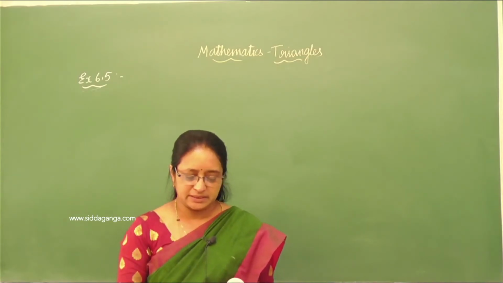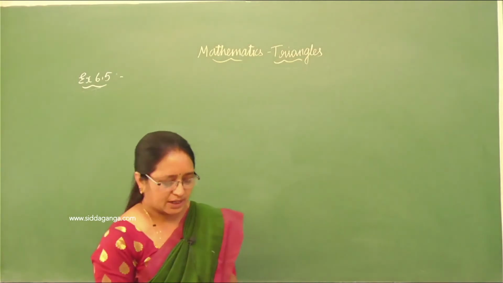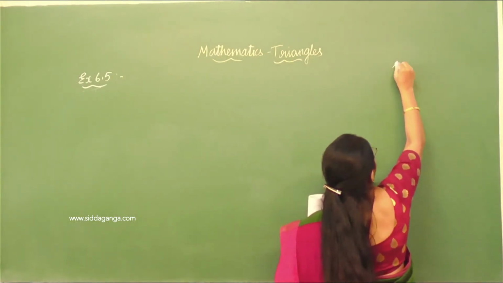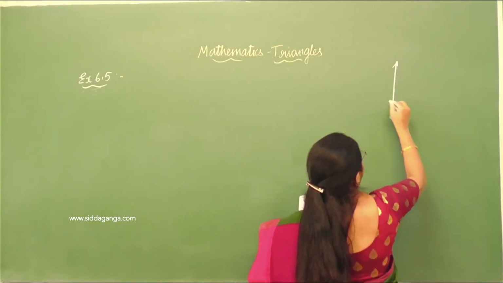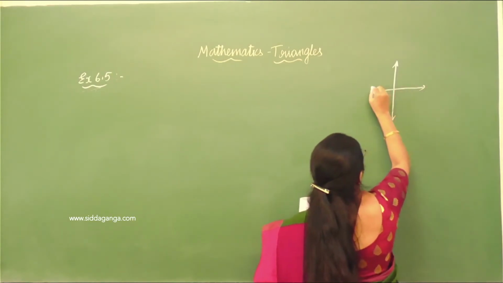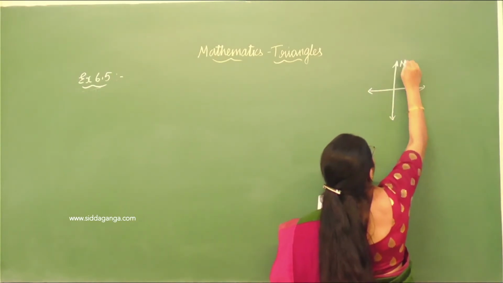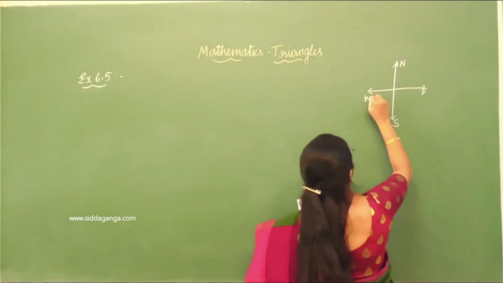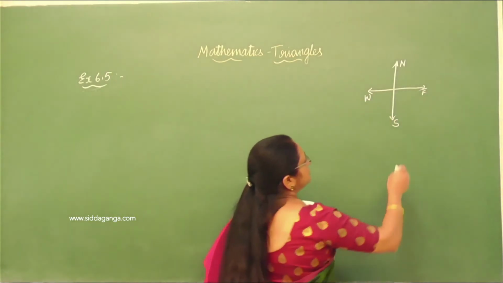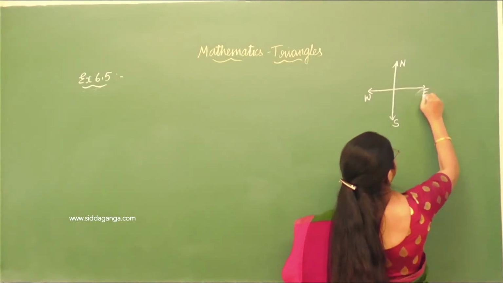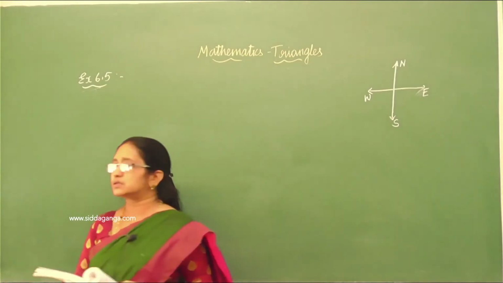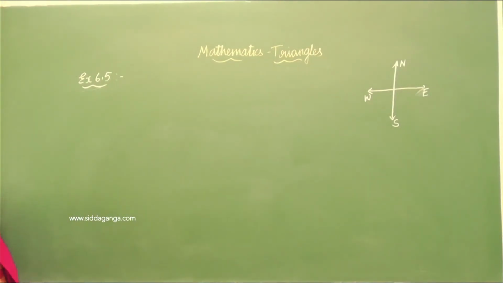An aeroplane leaves an airport and flies due north, means here you all know the directions: north, south, east, west, correct? Now accordingly you should draw the diagram.